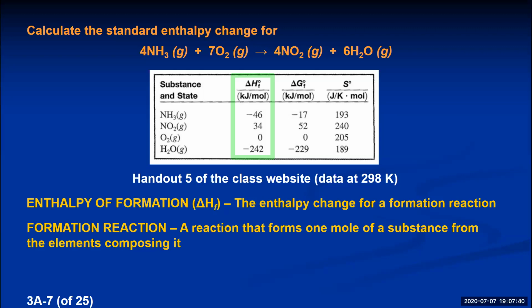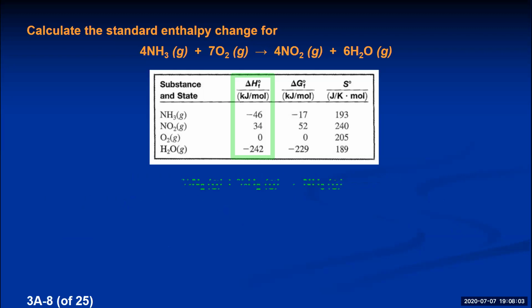It's the reaction that forms 1 mole of NH3 from the 2 elements that make it up, which are nitrogen and hydrogen. Now, how do nitrogen and hydrogen exist at room temperature and room pressure on Earth? They're both diatomic gases. So the reaction is N2 plus H2 yields NH3. You want to have this equation balanced with a coefficient of 1 in front of the product. So if you're going to have a coefficient of 1 in front of the NH3, that means the only way to balance this will be with fractional coefficients.